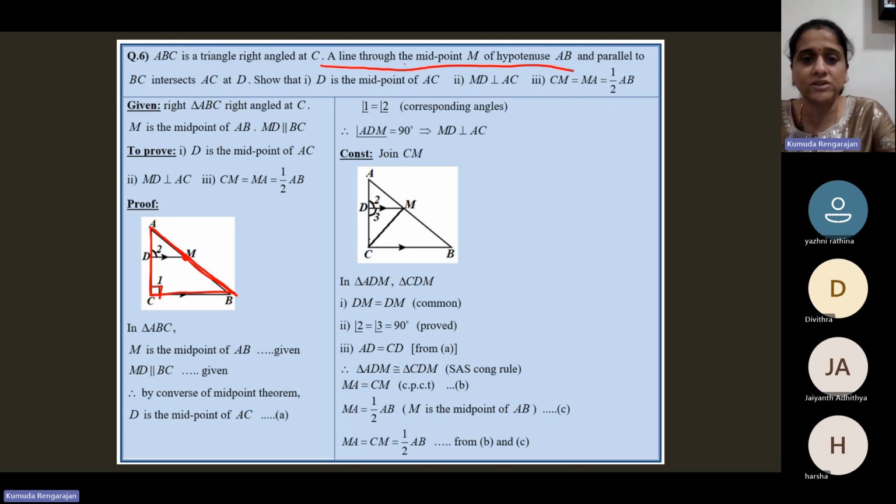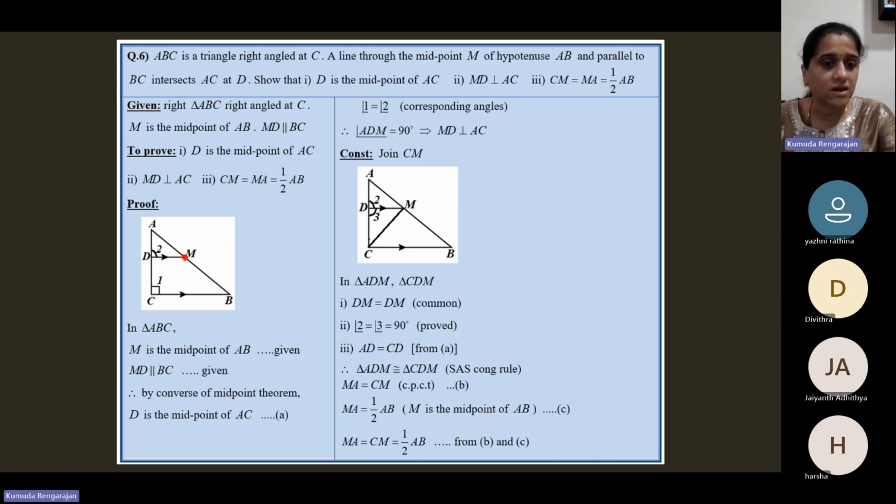AB is the hypotenuse because it's opposite the right angle C. M is the midpoint of AB, given. A line through the midpoint M of the hypotenuse AB and parallel to BC. So that line, which comes through the midpoint M, is parallel to BC.